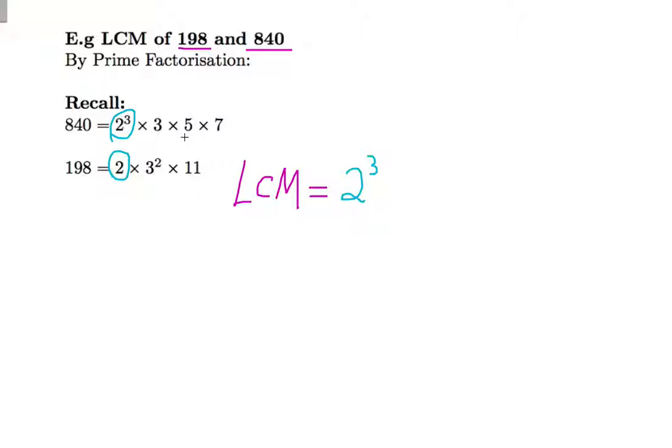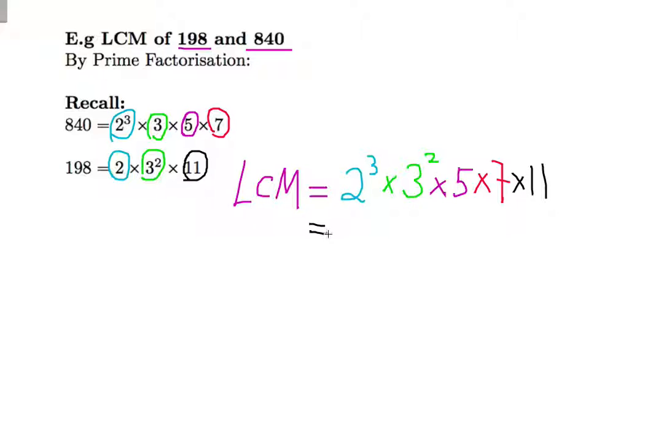3 occurred once in 840 and twice in 198, so we choose 3 square. 5 occurred only once in 840, so we take 5. 7 occurred only once, so we take 7. And 11 occurred only once in 198, so we take that.